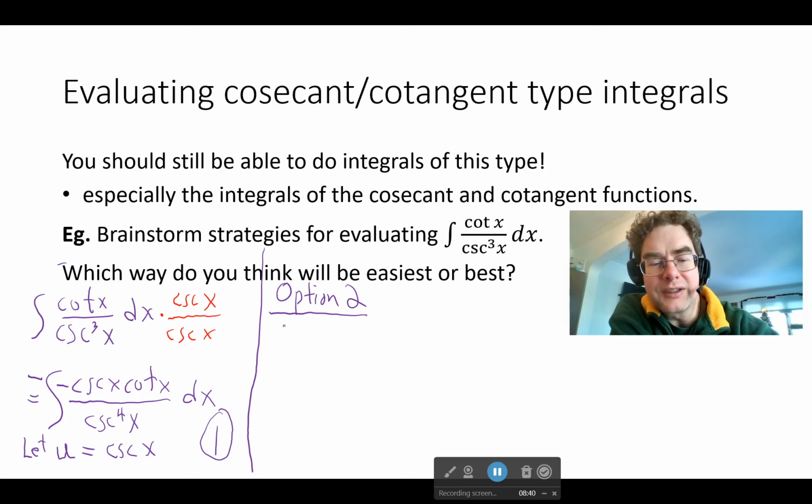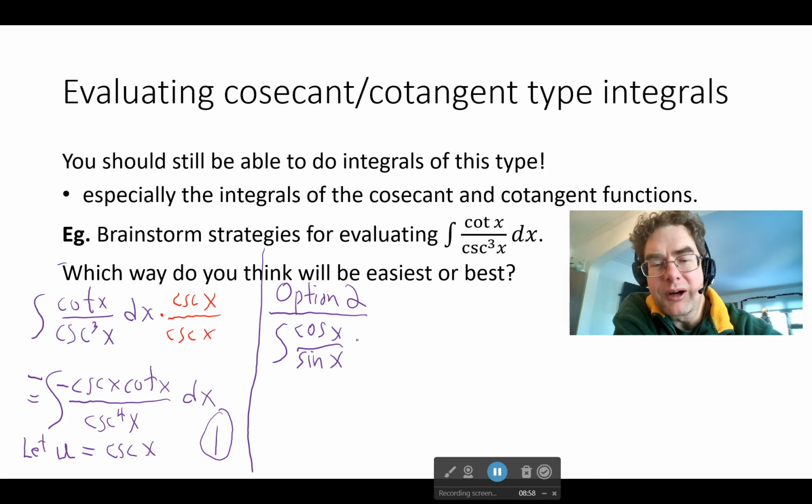Option 2, let's take our original integral, and this time I'm going to say, well, cotangent x, I know that that is cosine x over sine x, also the key to integrating the cotangent function itself, by the way.